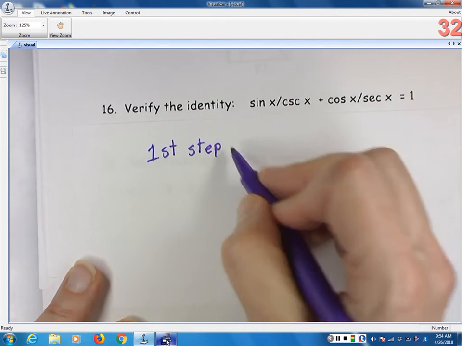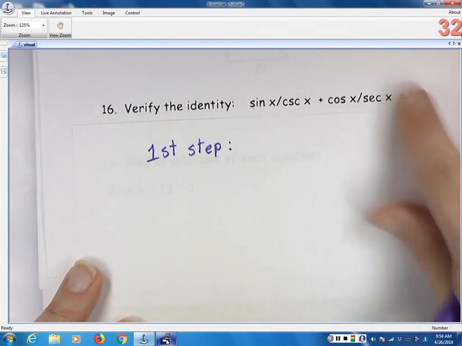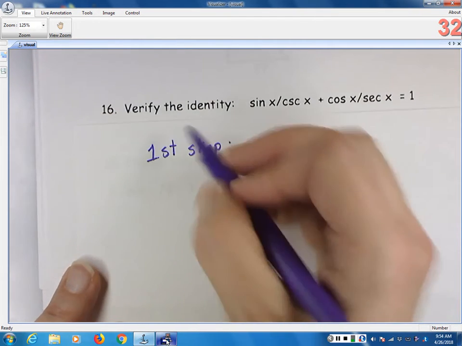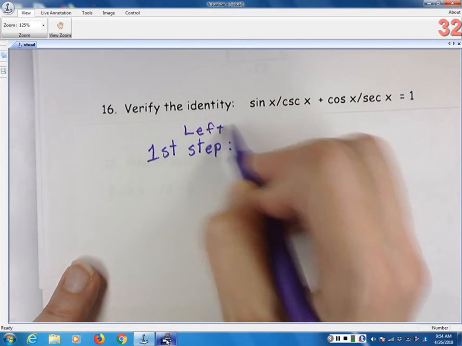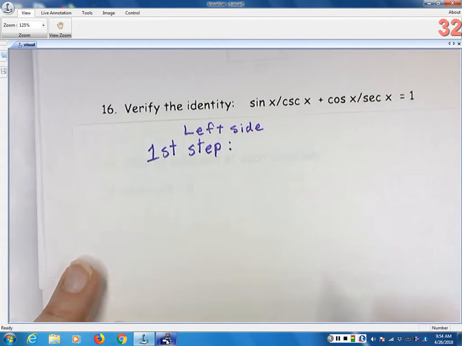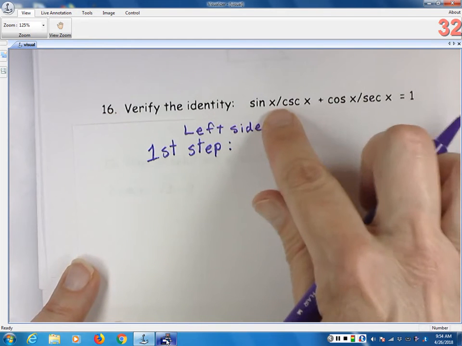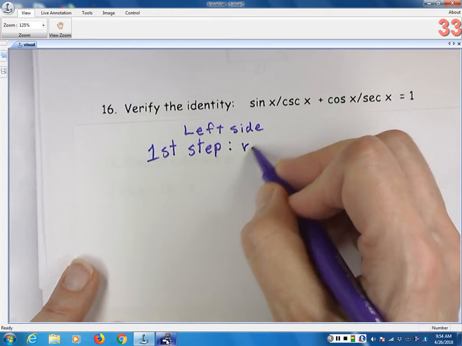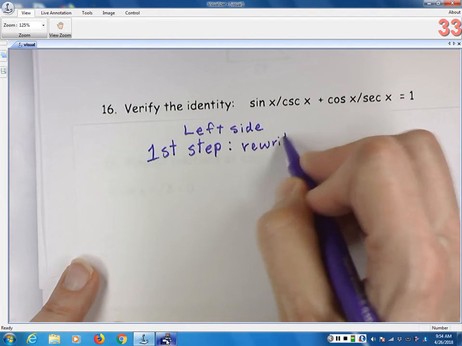So we're not going to have equals 1 written each time. You may even write left side for me, so I can read these things. But you're going to rewrite everything in terms of sines and cosines.